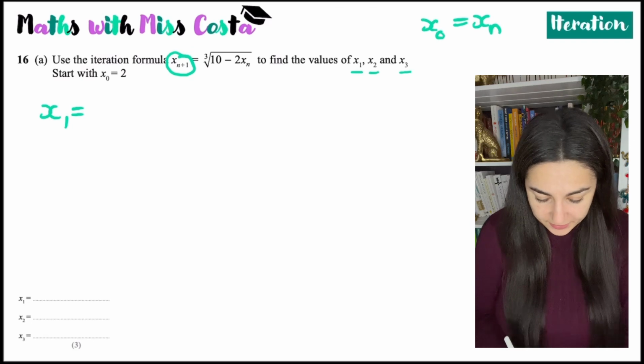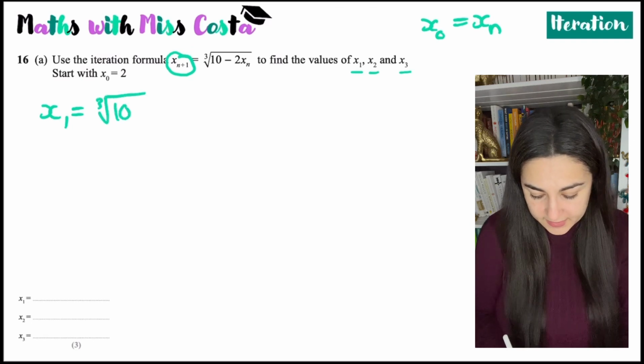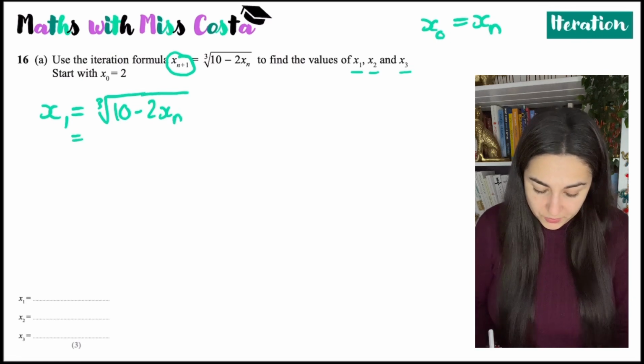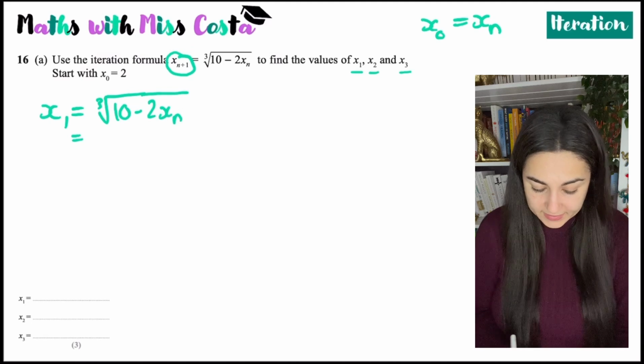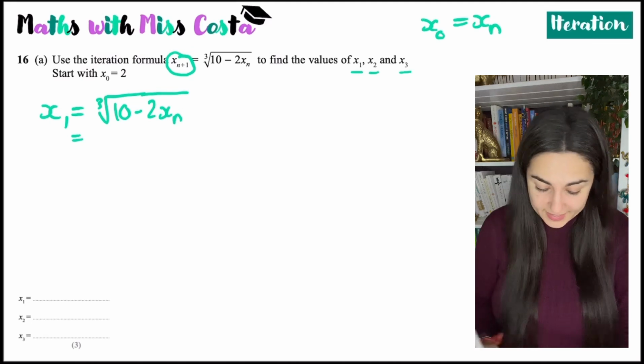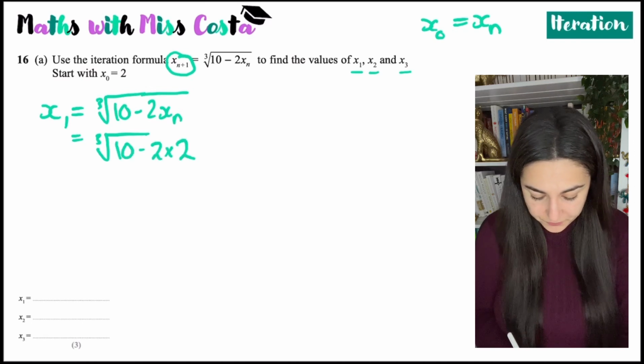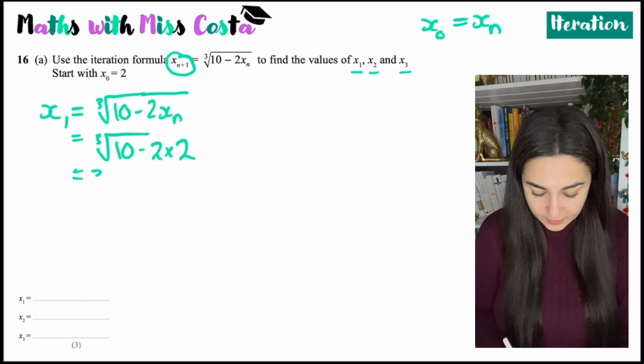So x1 is going to be the cubed root of 10 take away 2xn. So we are told that x0, the 0th term, is 2. So we're going to do 10 take away 2 times 2, which is 10 take 4, the cubed root of 6.